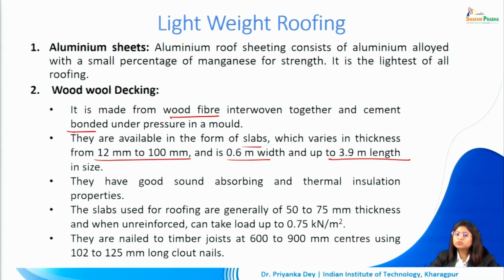They have good sound absorbing and thermal insulation properties. The slabs used for roofing are generally 50 to 75 mm in thickness, and when unreinforced can take up to a load of 0.75 kilonewton per meter square. They are nailed to timber joists at 600 to 900 mm centers using 102 to 125 mm long clout nails.